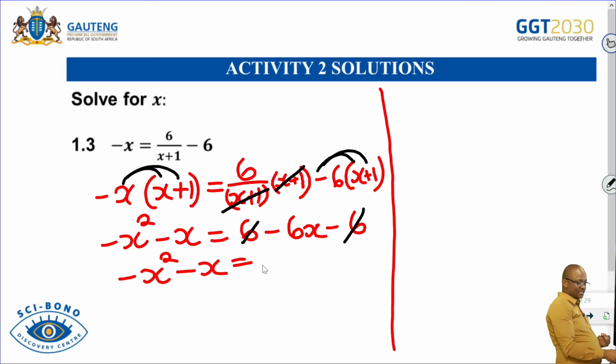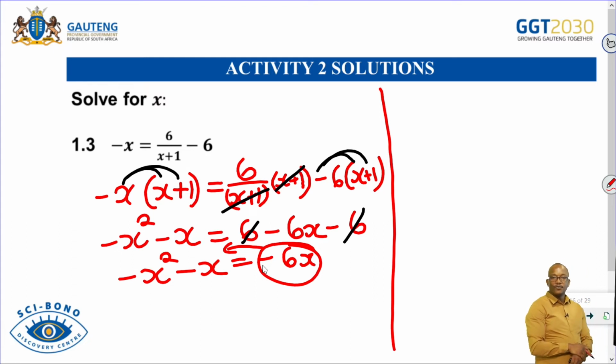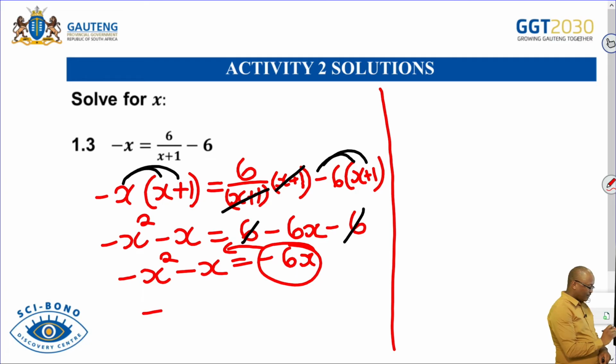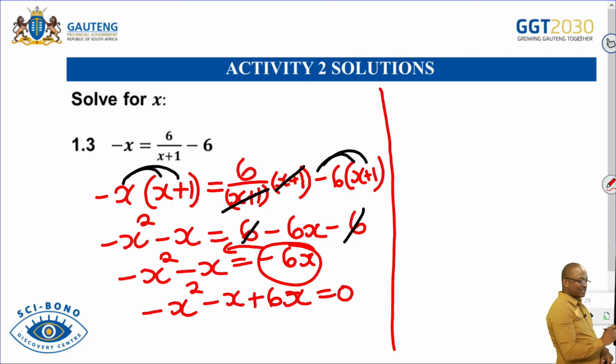Then on the right-hand side, you see that positive 6 and negative 6 are going to cancel out. Then you'll only be remaining with negative 6x. And this negative 6x, I will only transpose to the left-hand side. Remember, we have to equate to 0. That is our aim. Then we're going to have negative x squared minus x plus 6x is equal to 0.